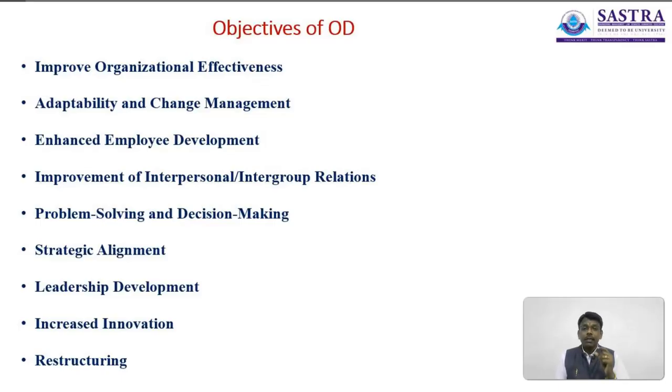See, improving interpersonal and intergroup relations is another key objective of OD. A healthy work environment depends on strong relationships among employees and teams. OD always encourages open communication, trust, and collaboration within the organization, friends. It helps in reducing conflicts and promoting teamwork across different departments.